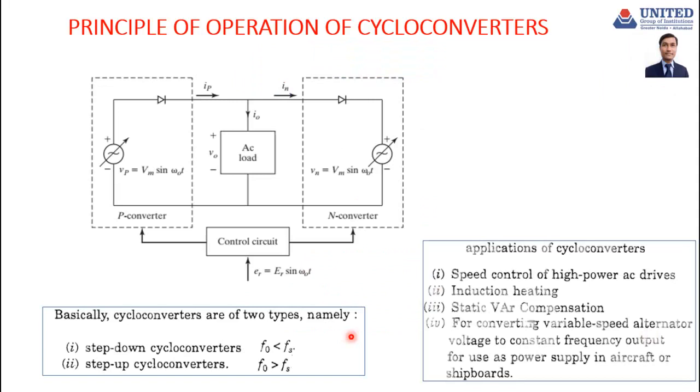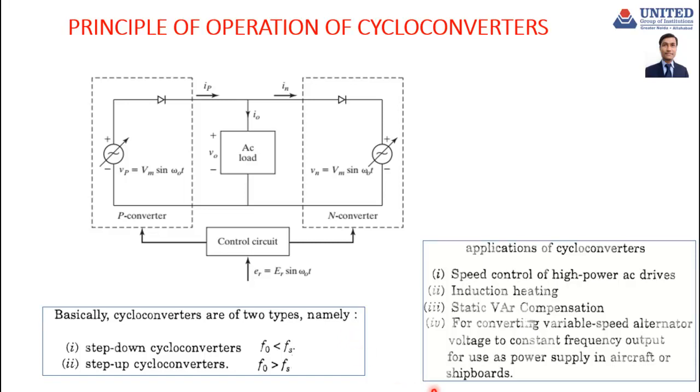Usually, AC voltage controllers are used to generate a variable amplitude of AC output voltage at the same frequency as the input voltage. In the AC voltage controller, the harmonic content is high, especially at low voltage output range.